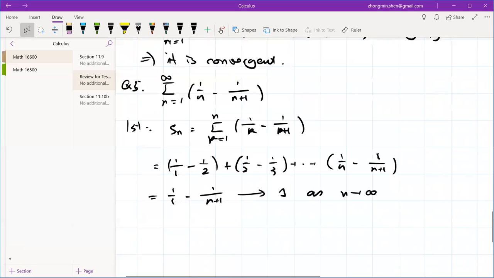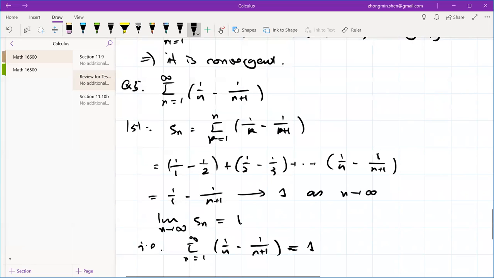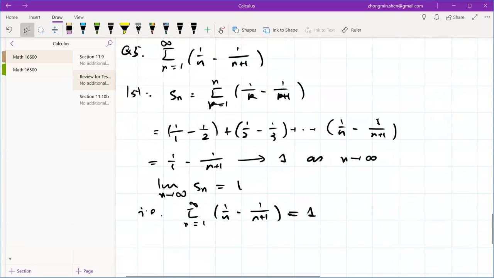So it's convergent to 1. I not only prove it's convergent, it is convergent to 1. So this implies that this series is not only convergent, I know the value. It is convergent.